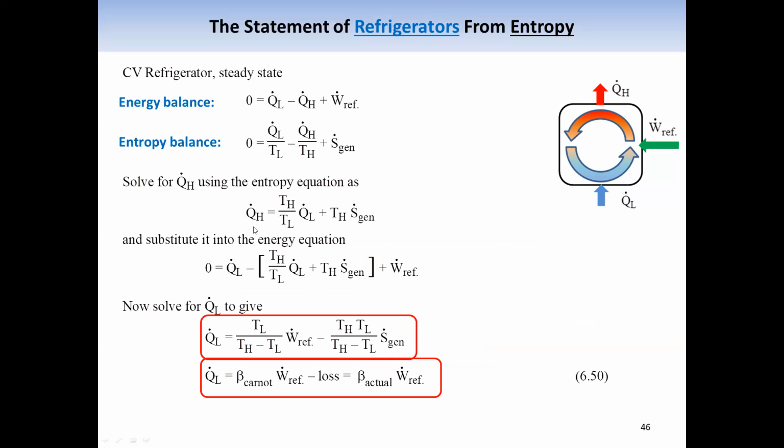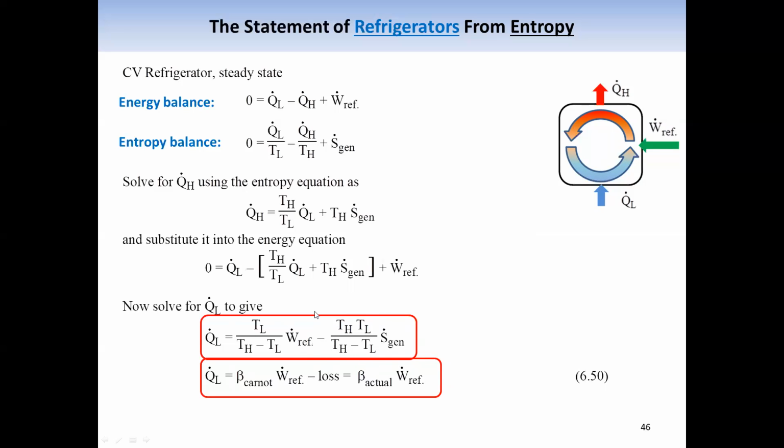And solve for QH from this equation, and then substituting QH in the energy balance equation, we have this equation, and rearranging, solve this for QL, we have this equation. If we compare this equation to its counterpart for the reversible process we discussed in chapter 5, we do not have the second term at all.